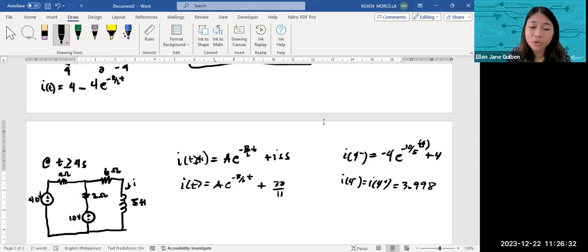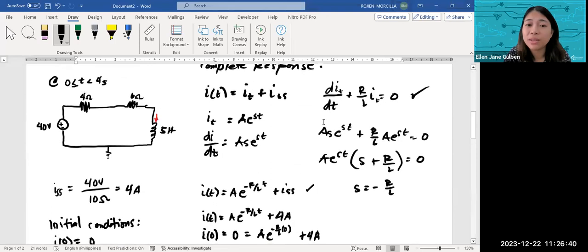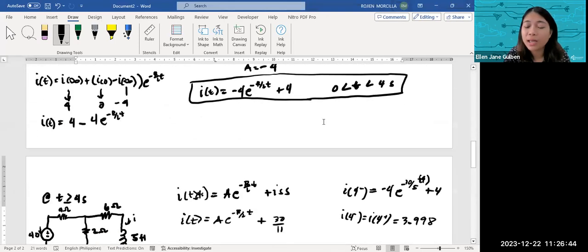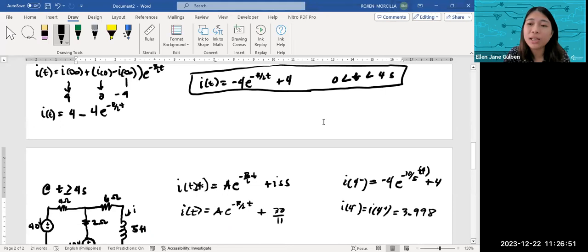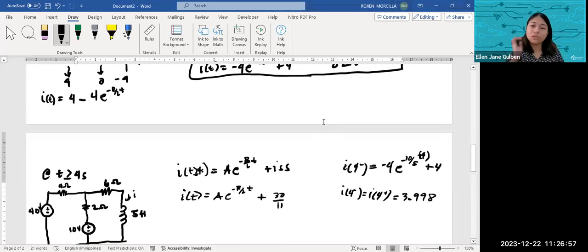So 5 tau is 2.5 seconds. So most probably at 4 seconds, the circuit from above has already achieved the steady state, no? So at 4 minus, the inductor has already achieved 3.998 ampere for the current. Okay, so we'll just use that 4 minus or 4 plus.